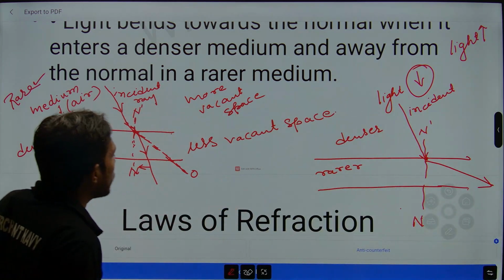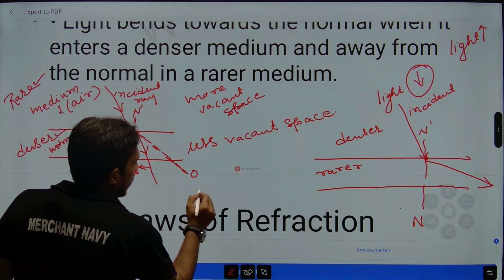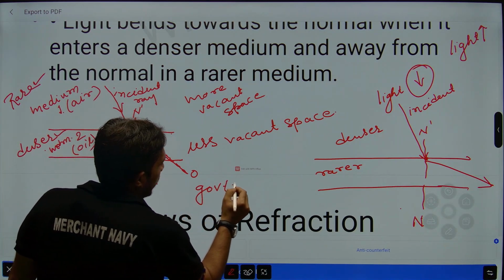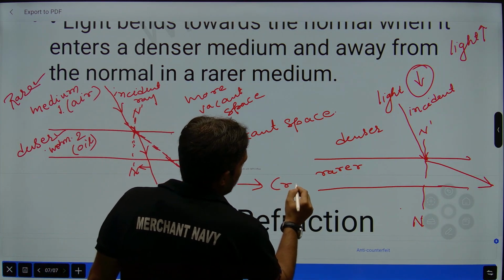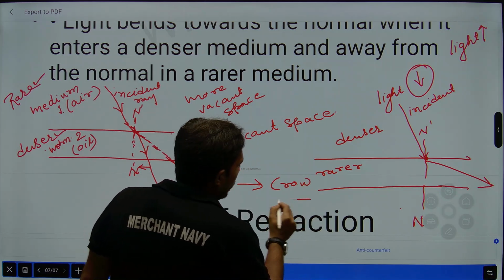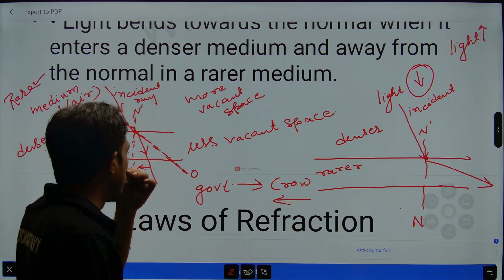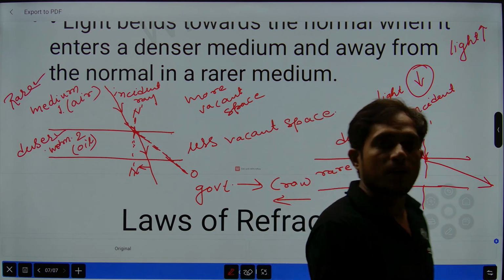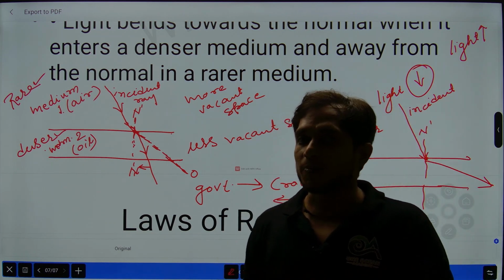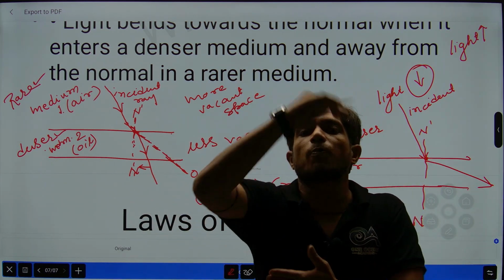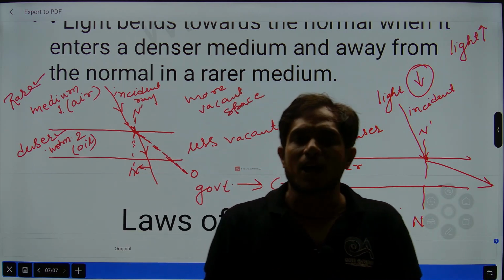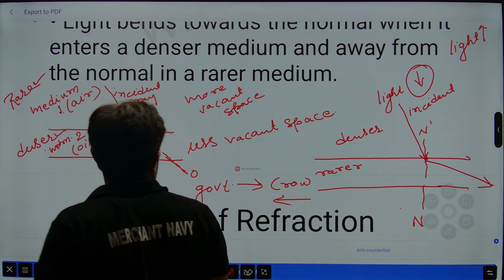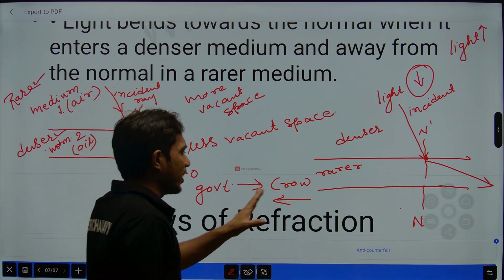This is a similar phenomenon as the government buses. If the government buses have more crowd, one will move towards another, one upon another, they are just sticking to one another.